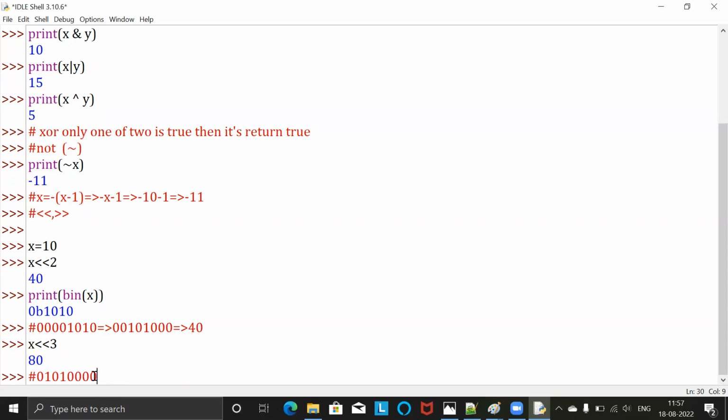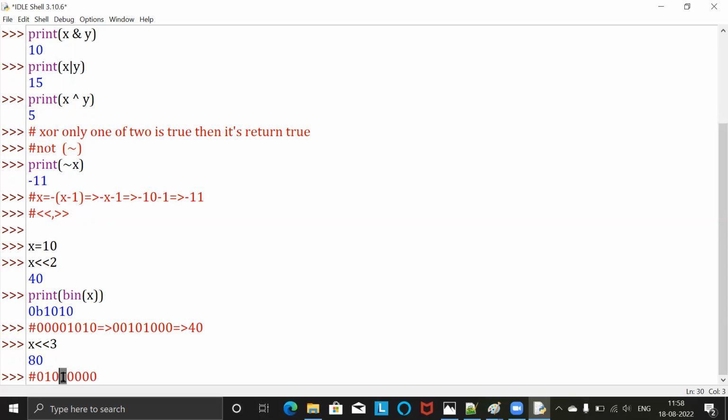I will tell in another manner. 128 is greater than 80, so it returns 0. Next is 64. 64 is less than 80, so it returns 1. Next is 32. 32 plus 64 is 96. 96 is greater than 80, so it returns 0.